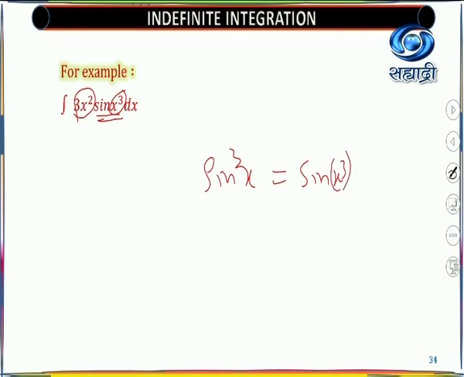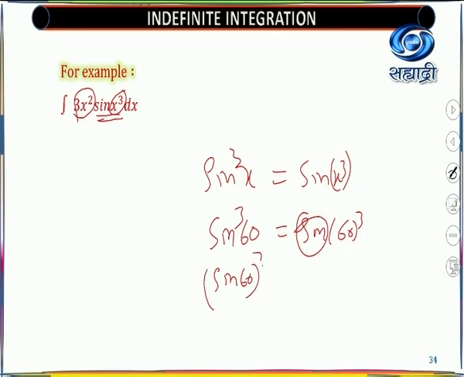I'll take one example: sine of 60 cube is different from sine 60, whole cube. 60 cube means 60 into 60 into 60, and that gives its sine value. But the other means you have to find the sine of 60 and then its cube.